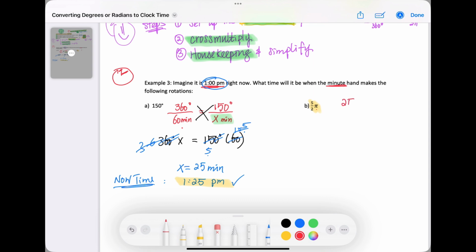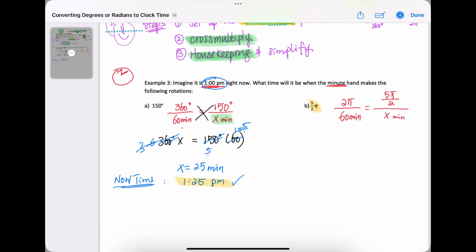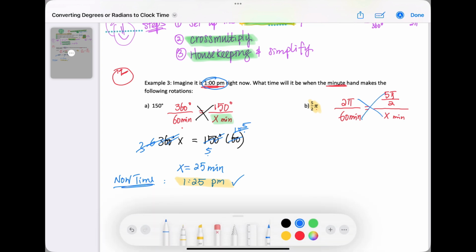Just remember, if you see the pi, I know that 2 pi is 360 degrees over 60 minutes. So far so good. That is equal to the location, 5 pi over 2. Now I want to figure out how many minutes, so I'm going to put an x. Step 1, done.